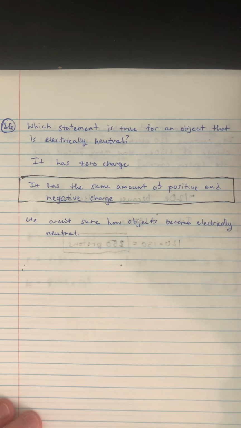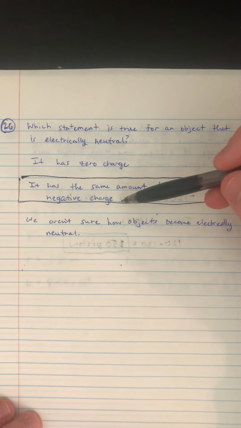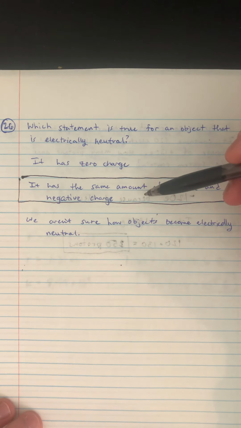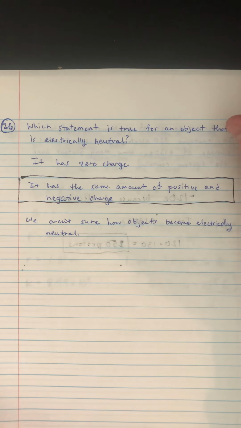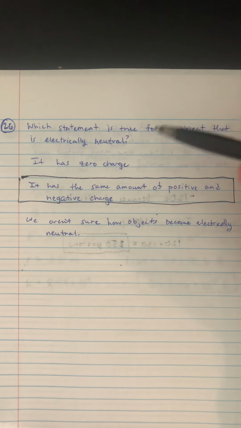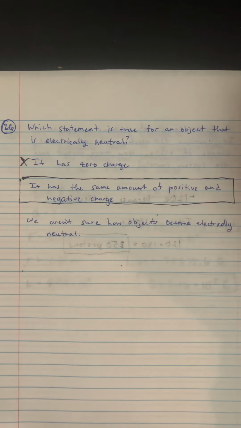Every other thing has the same amount of positive and negative charges, and that's why it's neutral. Neutral doesn't mean no charge at all. Everything has positive and negative charges. It's whether they balance out that gives us something neutral, or they don't balance out, that gives us positives or negatives. So zero charge is not a thing. Everything has positive and negative charges, but do they balance out? If they balance out, then we end up with neutral. If they don't balance out, then we end up with positive, or we end up with negative.